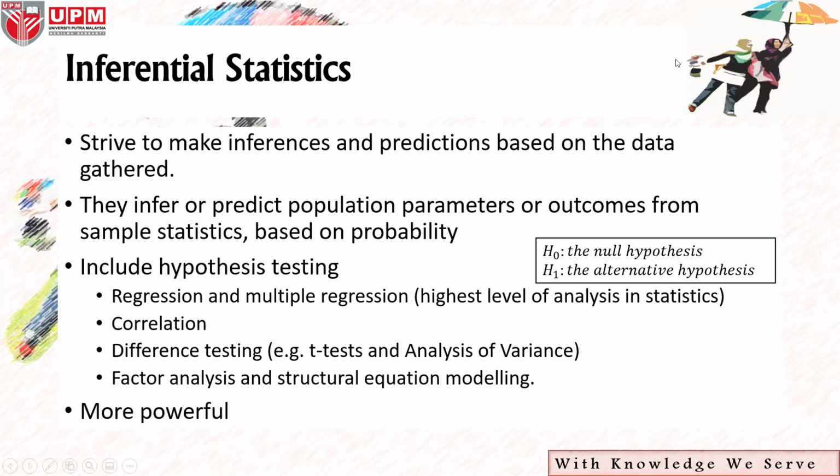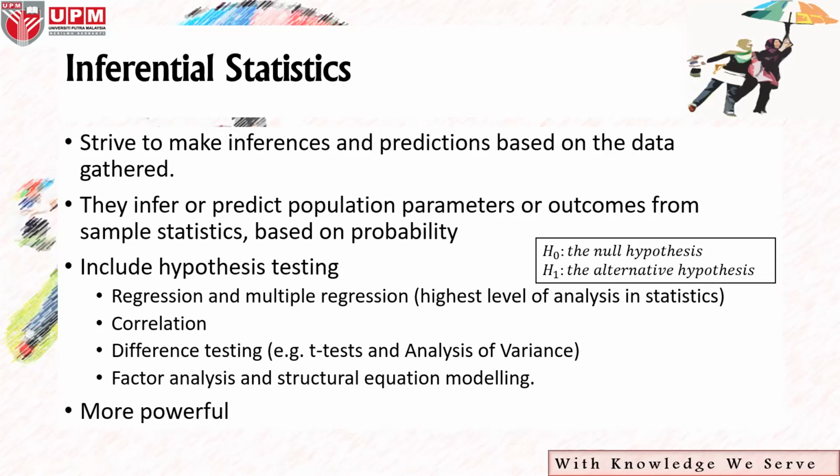Please remember in statistics, the highest level of analysis is regression and multiple regression. After regression, there is no more statistical analysis higher than that. Lepas regression tak ada dah.